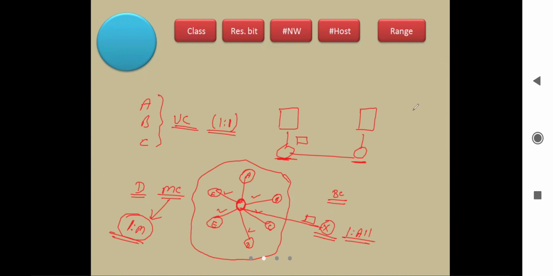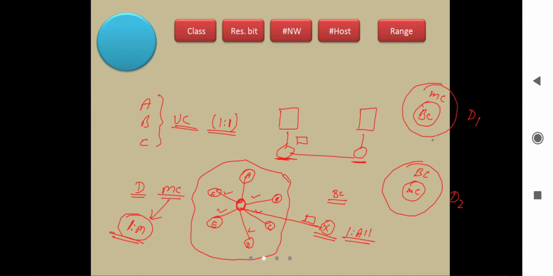Now tell me, if this is the case, here it is broadcasting, here it is multicasting, and here it is multicasting, here it is broadcasting, which diagram is the correct representation? Let me write down, here it is diagram D1, here diagram D2.